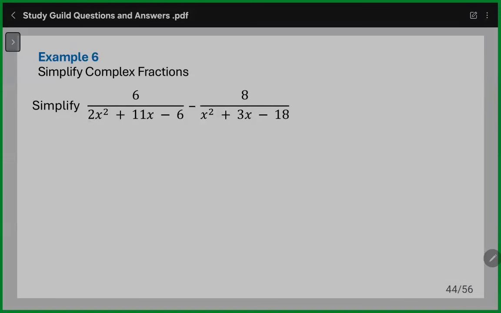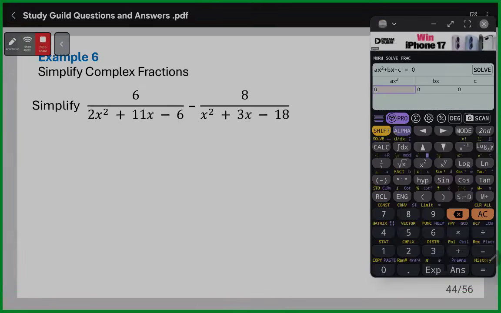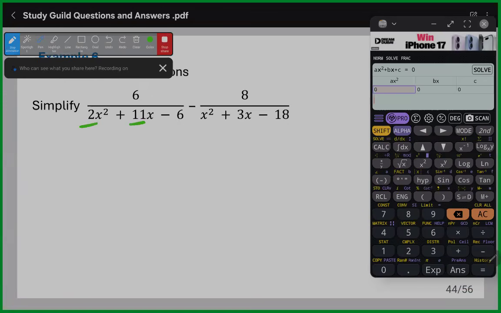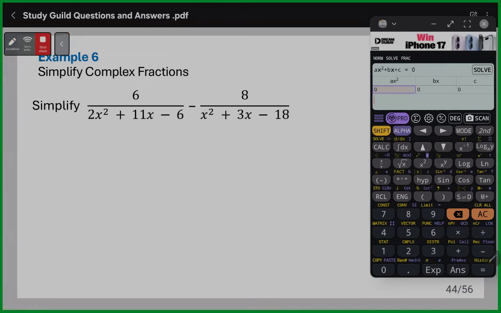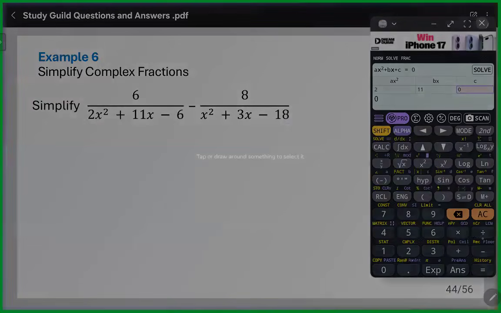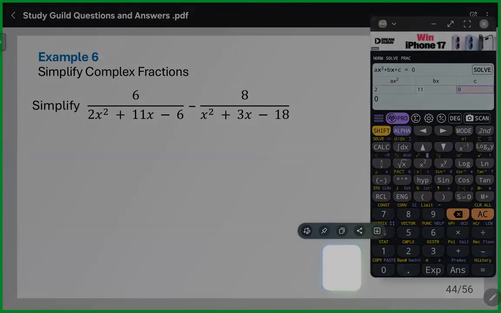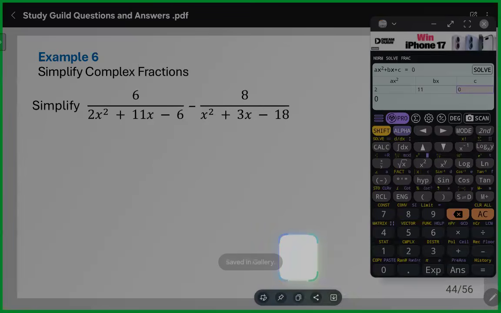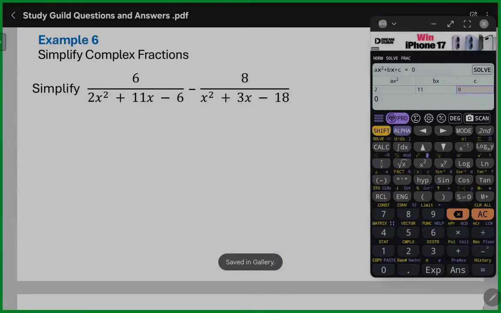So for the first term, I have 6 here. That's my calculator. So I have 2, 11, and negative 6. Okay. 2, 11, and negative 6. So I'll write 2 equals 11 equals negative 6.